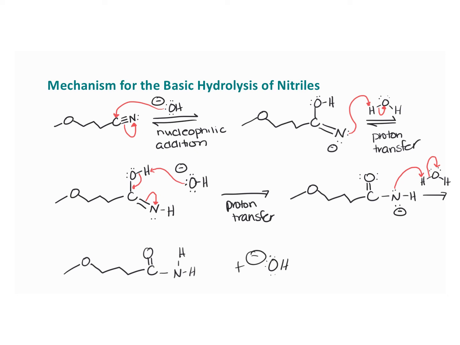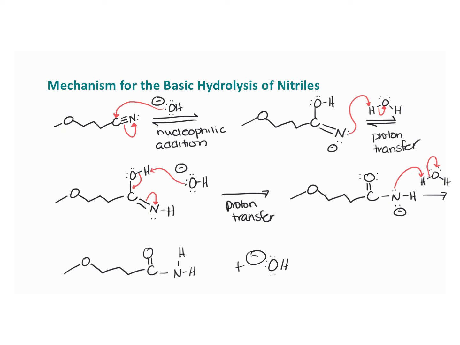Right? So I want you to see some comparisons here to the previous mechanism. The only step that's not a proton transfer is the nucleophilic addition step, and that's in step 1. And then similar to the previous mechanism, the proton transfer steps here are really going to add protons to the nitrogen and remove one from the oxygen in this case.